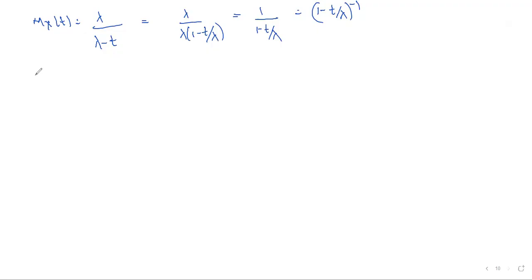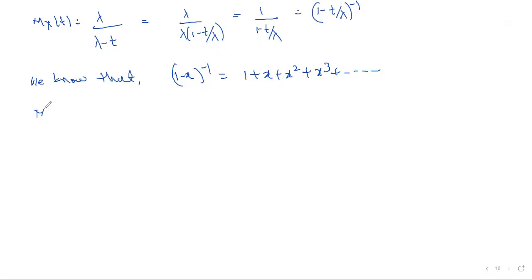Like this. We know one expansion that I will write here. We know that (1 minus x) whole power minus 1 equals 1 plus x plus x squared plus x cube and so on. It is the same, instead of x what we have here is t divided by lambda.